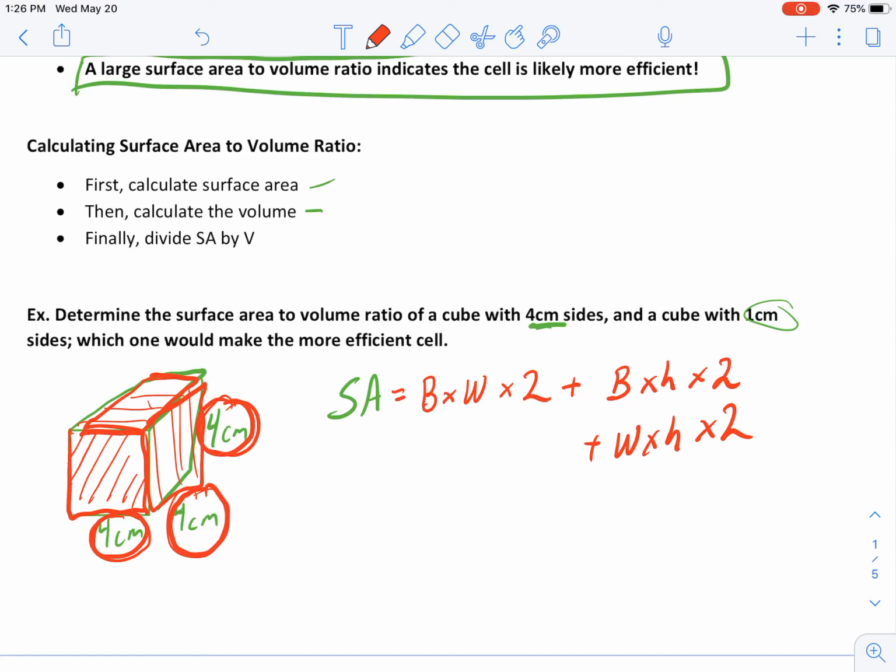So we multiply that by 2 as well. Now in this case, our values are going to be 4 times 4 times 2. You could just do base times height times width, but we're going to do it step by step.